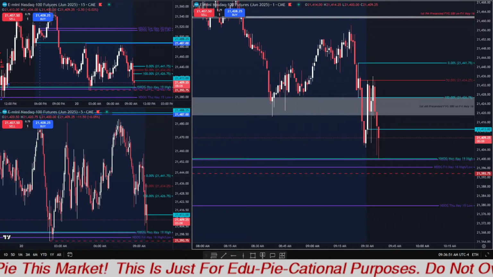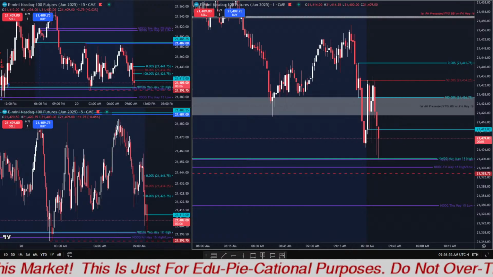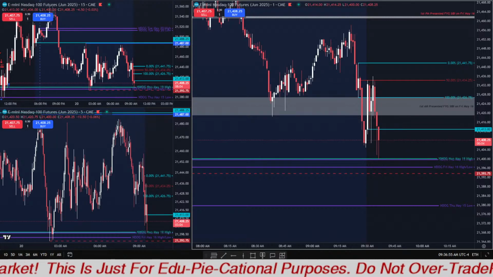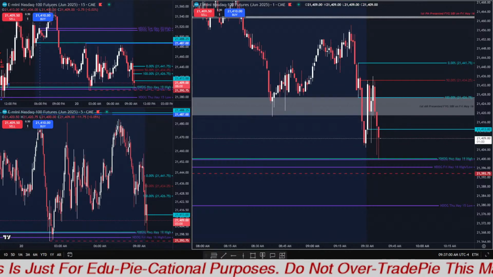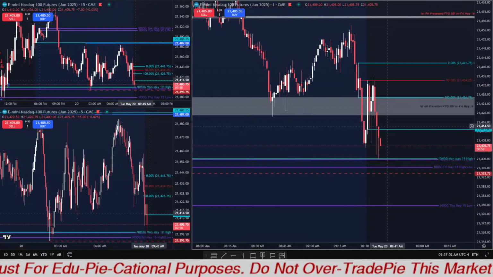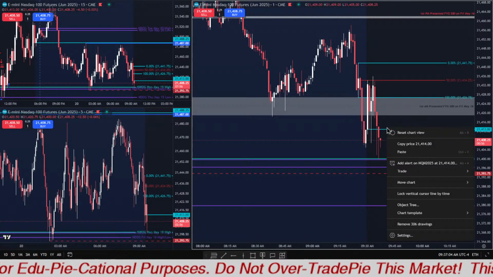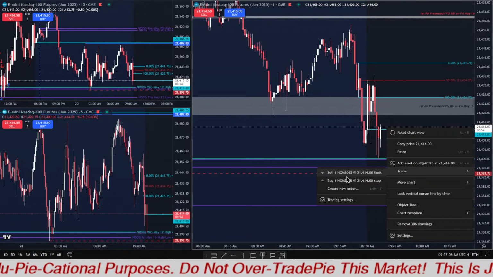10 seconds left. And yes, we have this first presented fair value gap. I'm setting a position for sell.